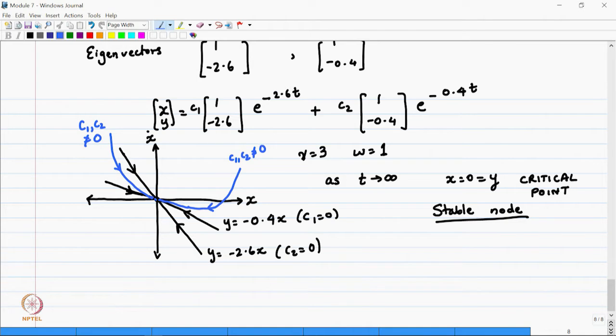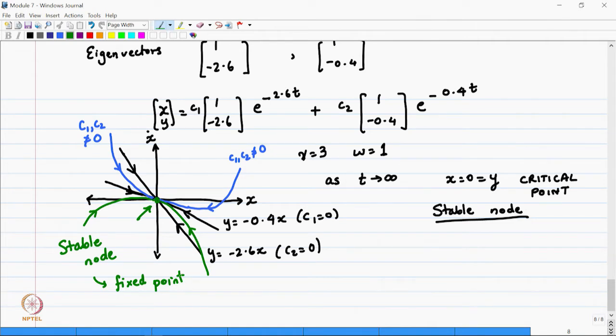You could also have solutions where, based on the value of C1, C2, you could also have something like this. So, whatever it is, you end up at this. This is called a stable node. It is a critical point, or it is sometimes called a fixed point.